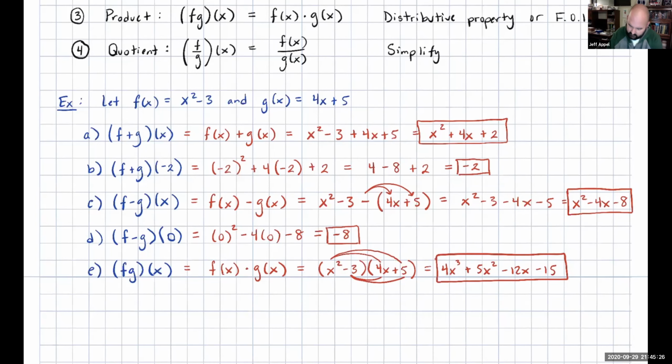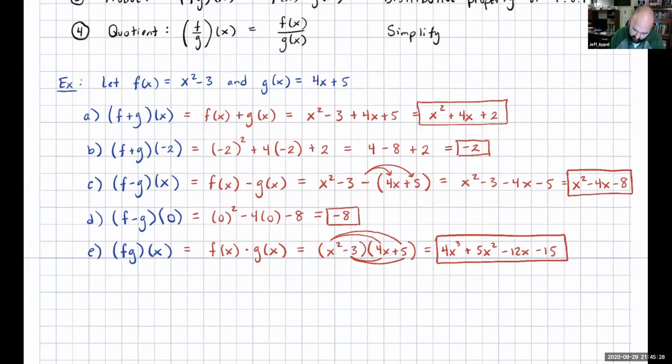All right. So then what about dealing with a value here? What about trying to find f times g of, let's just do positive 2 this time. There are a couple of different ways you can do this.